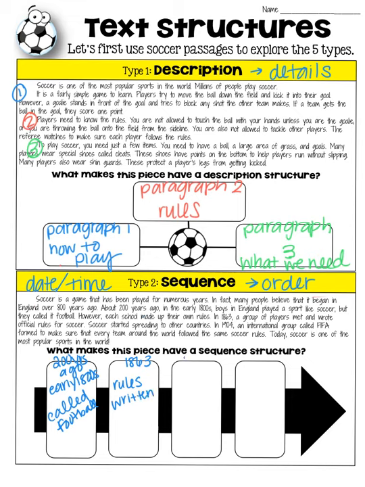In 1904, FIFA formed. And today, soccer is one of the most popular sports. So this tells us the evolution of soccer over time, which makes it a sequence text.